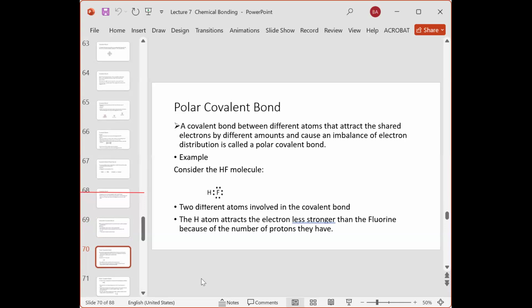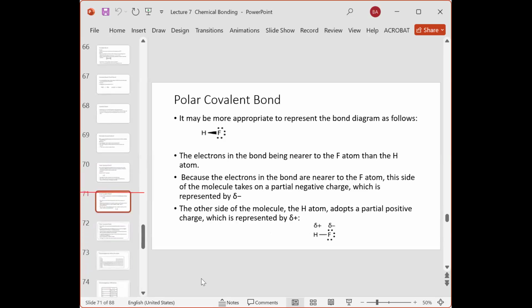So the fluorine will attract more of the electrons. So that becomes polar. The hydrogen atom attracts electrons less strongly than fluorine because of the number of protons they have. So it becomes polar.